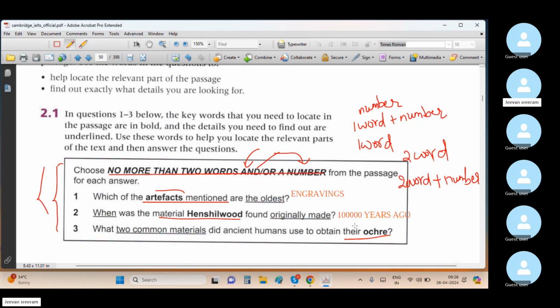Have you got my point? So we can simply write the words. These oxides have been mentioned by the scientists, but the particular ancient people had got the ochre making use of earth or rock, might be through different processes. Okay. So it is earth.